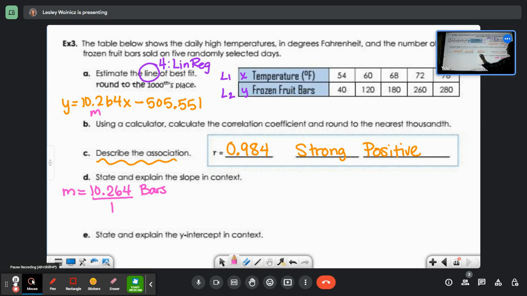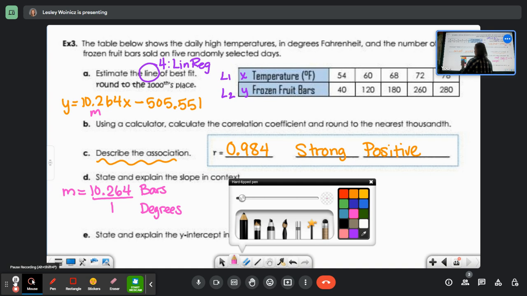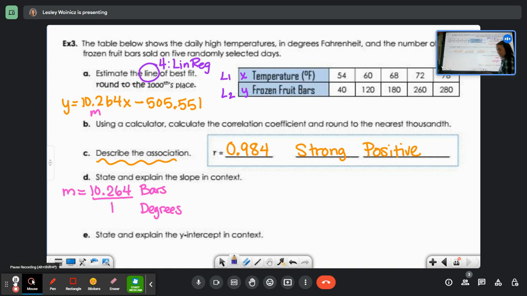The 1 is the temperature. This is degrees. So what's happening is that the number of frozen fruit bars being sold is going to increase by 10.264 with every 1 degree the temperature goes up.